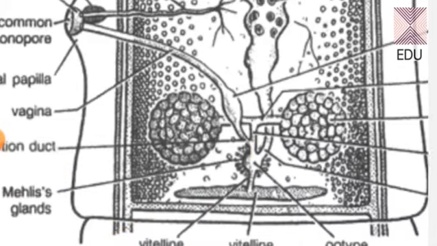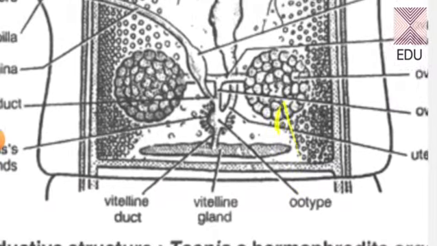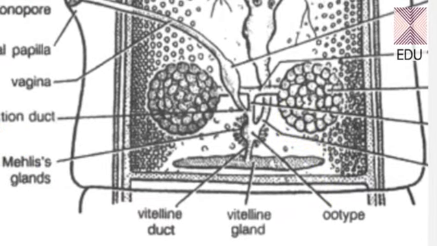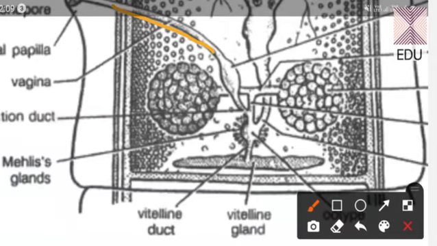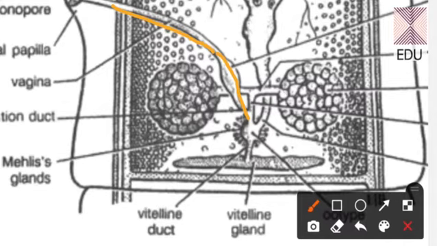So if you go with this particular part of the diagram, what happened till now is that the sperms were coming from the vaginal duct, they were coming down up to the oviduct, and the ova were coming down from the oviduct as such.